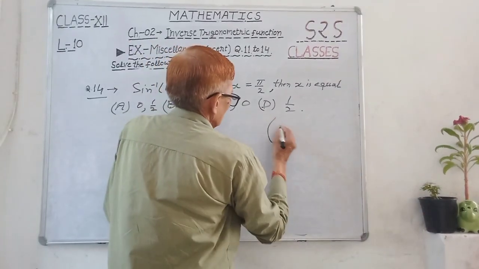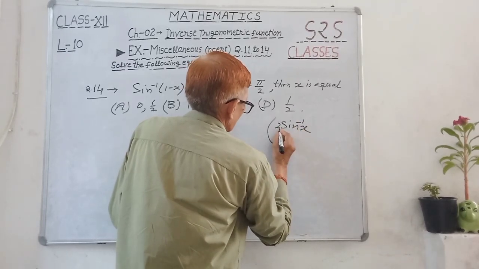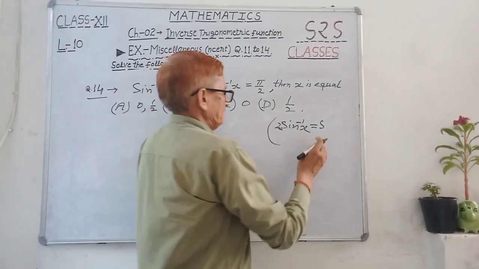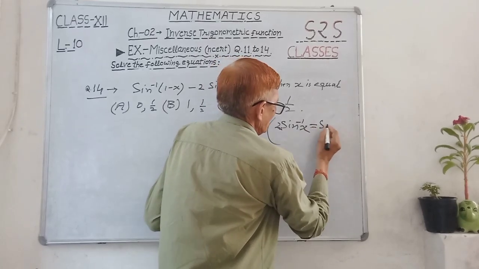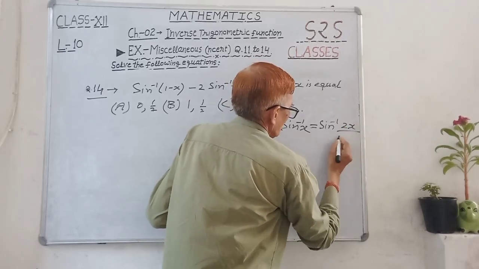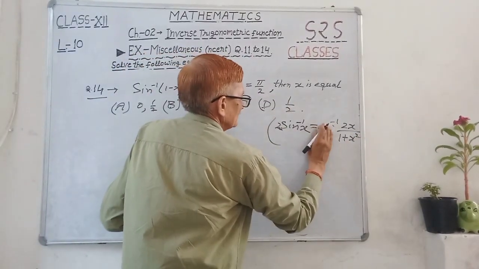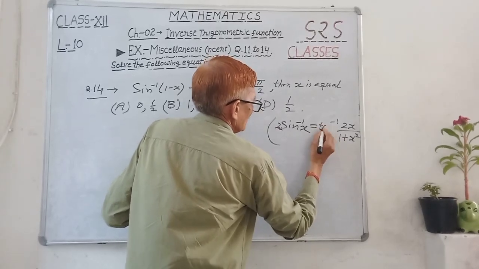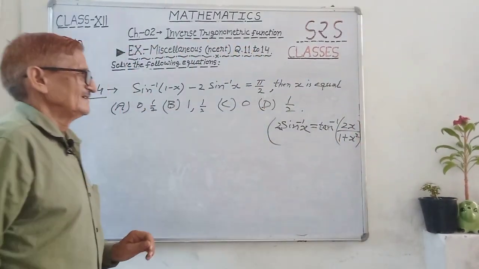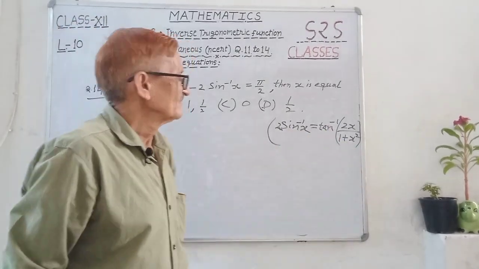The formula for 2 tan inverse x is tan inverse 2x upon 1 minus x square, but for 2 sin inverse x it is tan inverse 2x upon 1 plus x square.